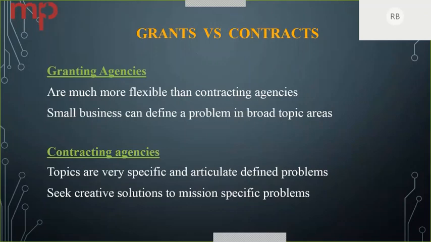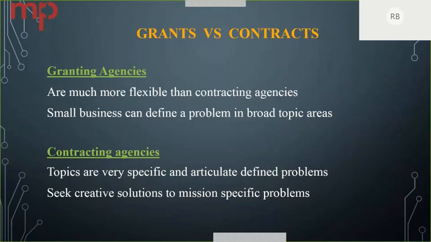A little bit more on grants and contracts. Granting agencies are much more flexible than contracting agencies. Small businesses can define a problem in broad topic terms. So, some small businesses can define a problem in broad topic areas, meaning that you could propose a topic.